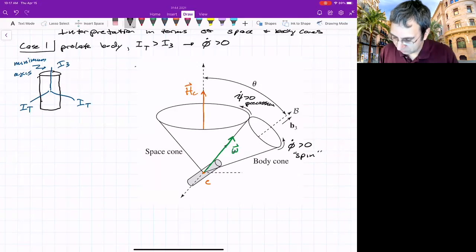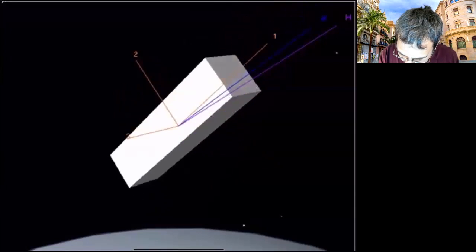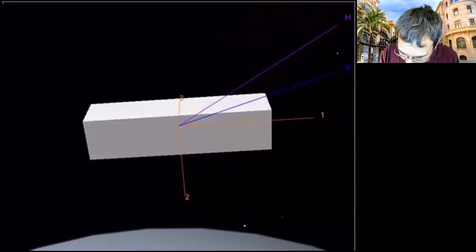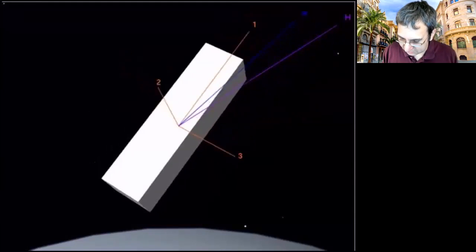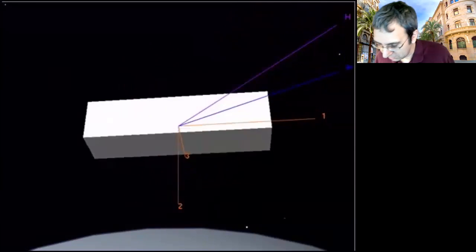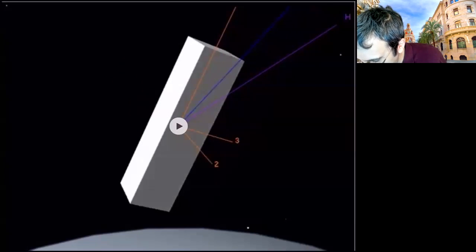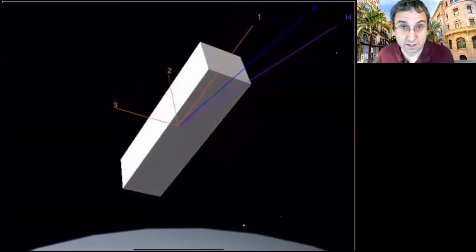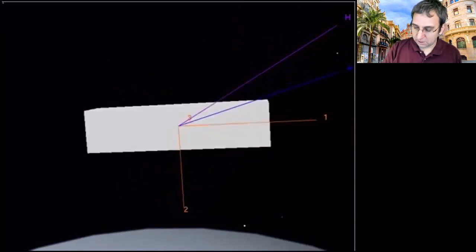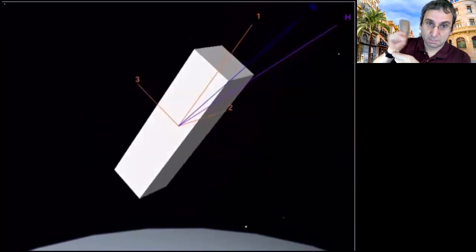So what will we see? Well, depending on the different rates, you could have different things happening. You could see the motion. There's an axisymmetric prolate body. I think this is the same video I showed last time. This doesn't show the cones, but this is showing omega as this blue vector that's incredibly hard to see. But you see that it's going around the H vector, which is the constant angular momentum in space.